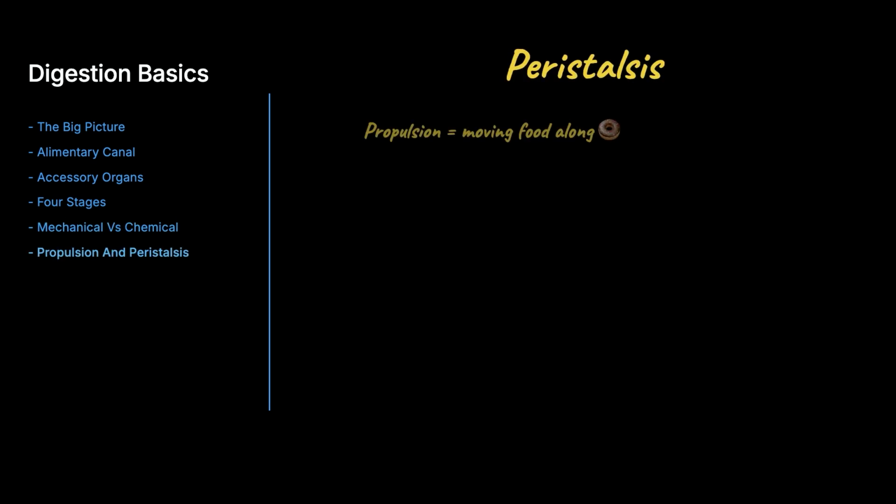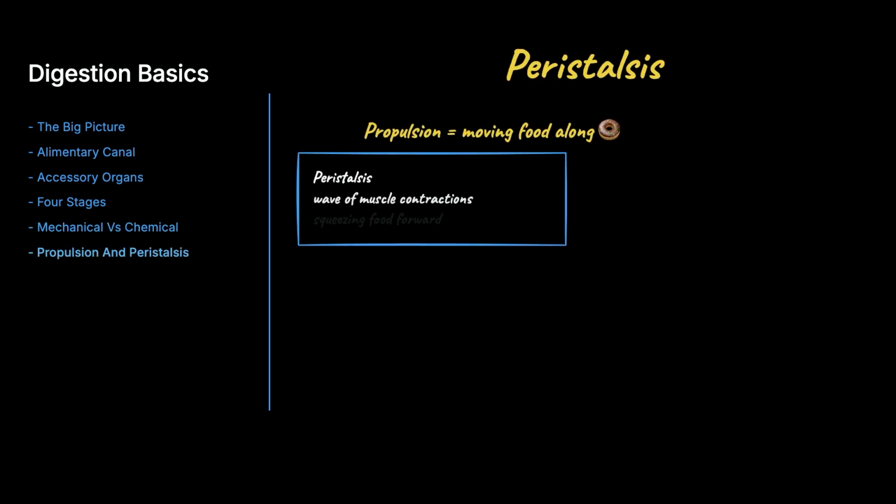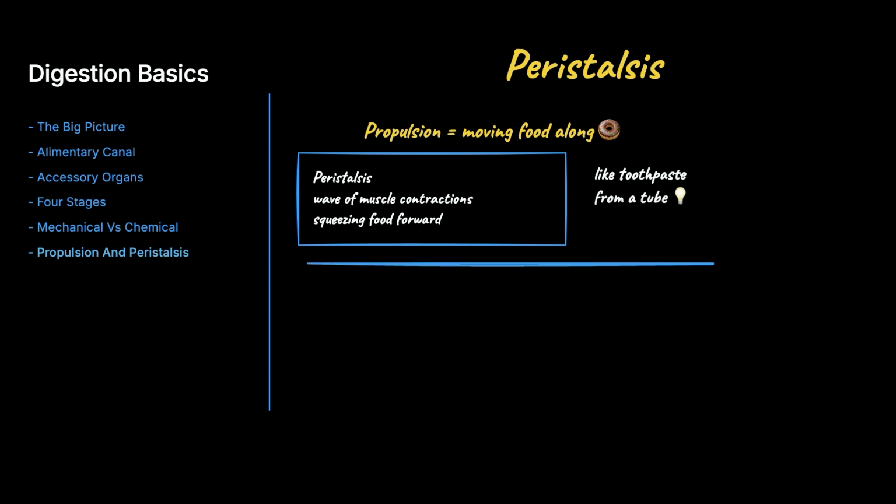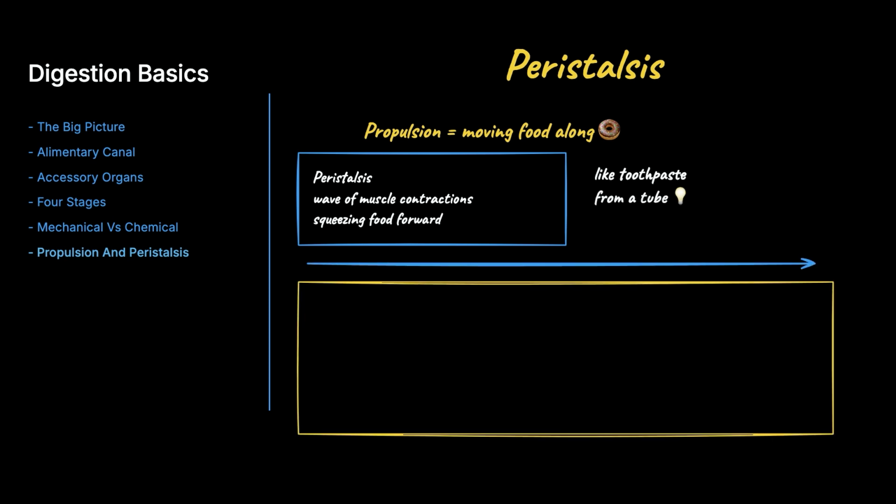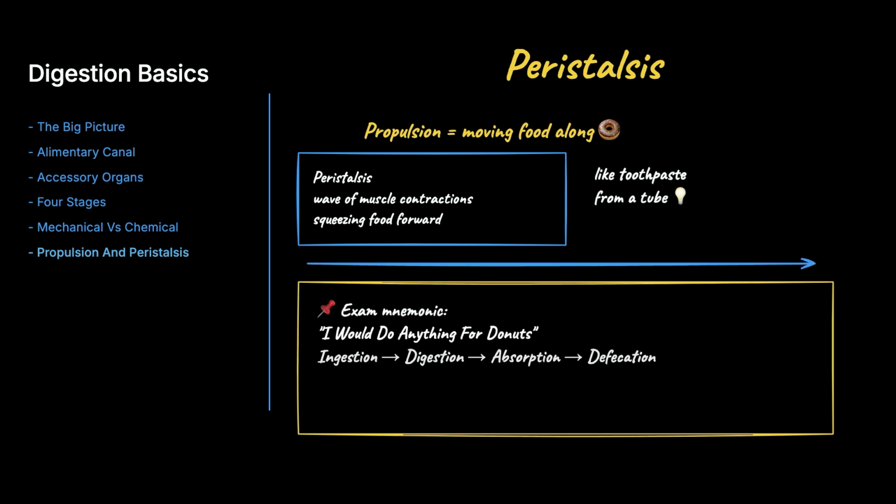One more idea ties this together: propulsion. The movement of food along the canal. The start is peristalsis, a wave of muscle contraction squeezing food forward like toothpaste from a tube. For your exam, remember the phrase, "I would do anything for donuts," giving you ingestion, digestion, absorption, and defecation in order.